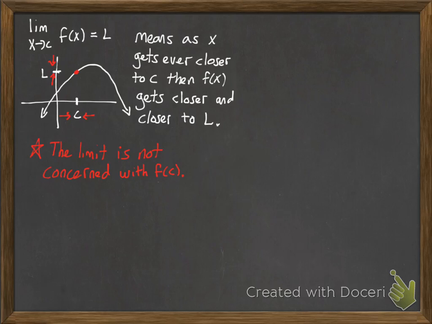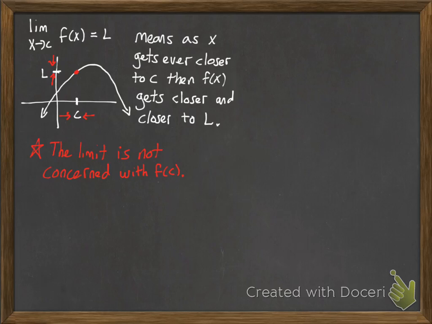But sometimes, particularly in the situations that we're interested in calculus, the function value isn't going to be defined, but there still is actually a limit value. So that's the kind of little context there for limits.